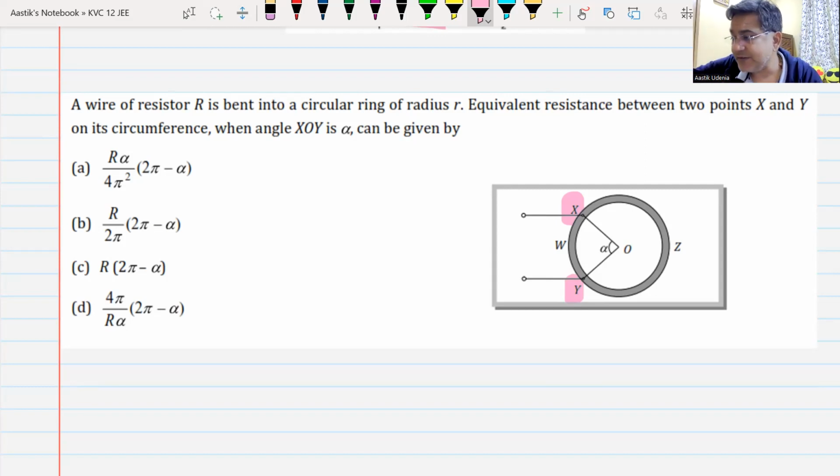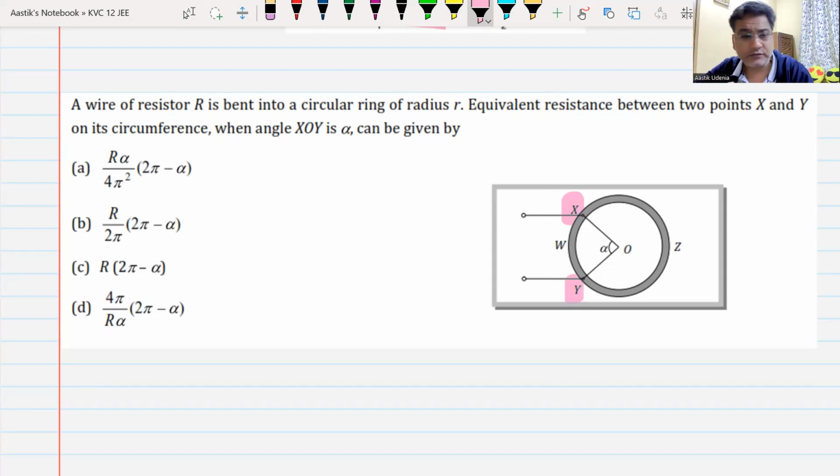What are the resistors that you see? How many resistors do you see? 1, 2, 3, 4, infinite? How many? Two, sir. 2.